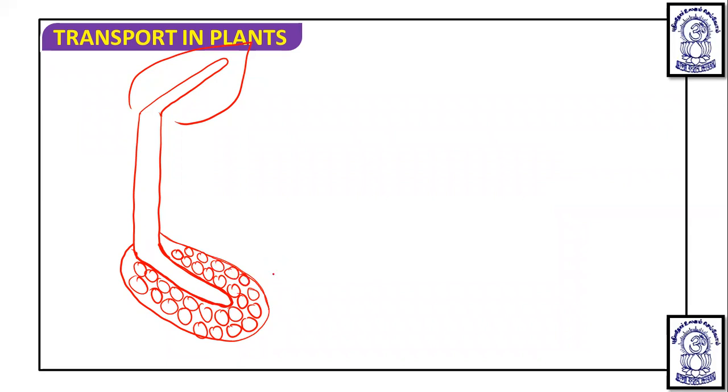Now what will happen? Suppose minerals or ions are there, and they are getting absorbed and reaching this root xylem. Now water will follow.